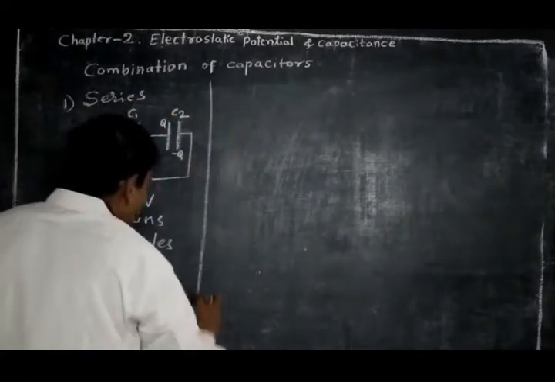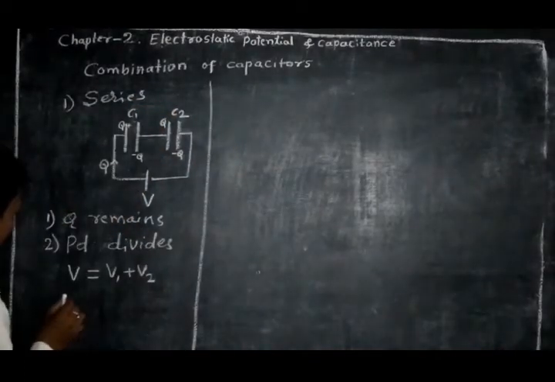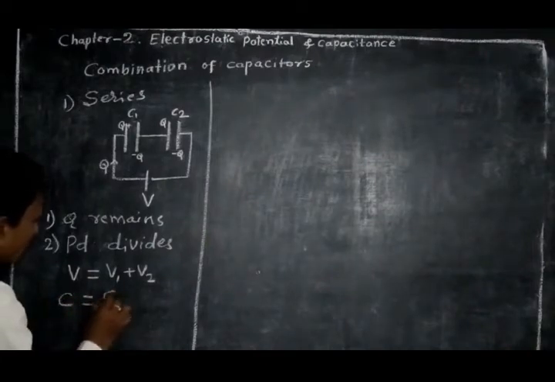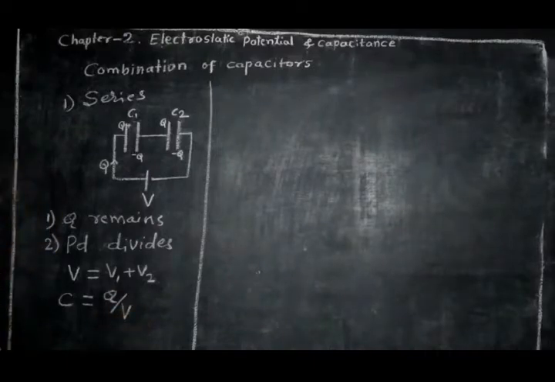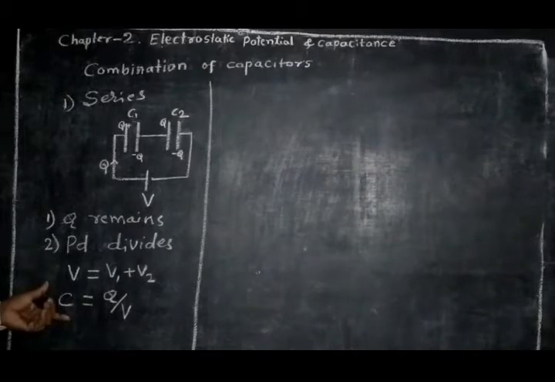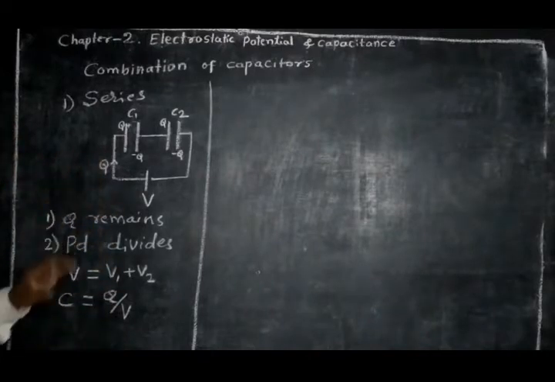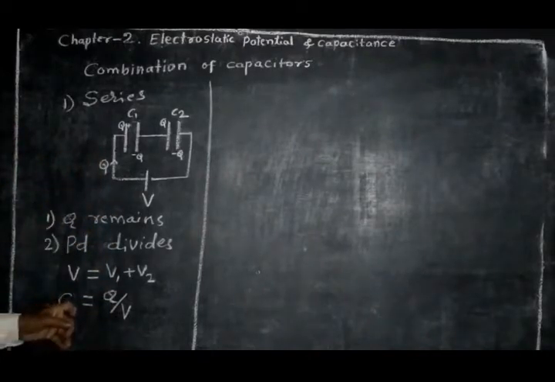And we know that C equal to Q upon V. This is the capacitance of a capacitor. C is the capacitance, Q is the charge stored by the capacitor, V is the potential difference. Hence, C equal to Q upon V.